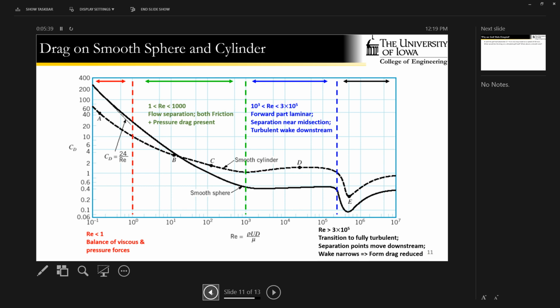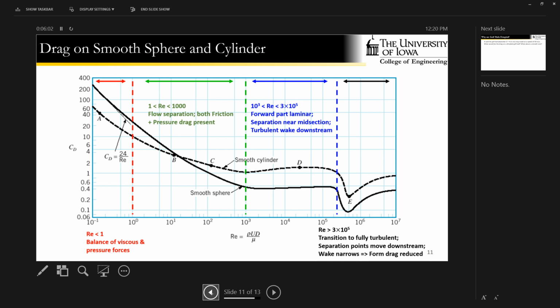And we can see it starts out really highly dependent on the Reynolds number for this sphere. And at some point around 1,000, it stops being so dependent on Reynolds number. Then we hit a Reynolds number around 200,000, and it goes through what we call the drag crisis in fluid mechanics.